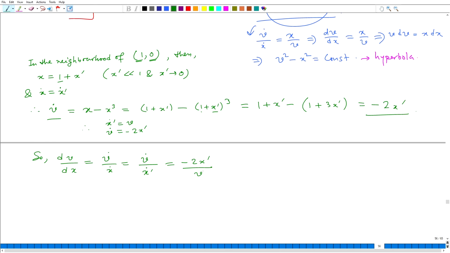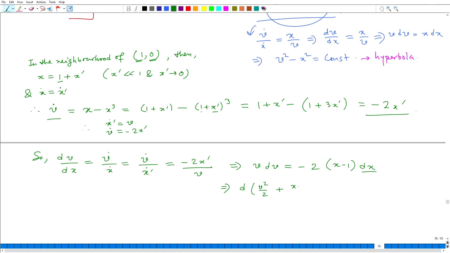Okay. If I do this, then I can also say that v dv will be equal to minus 2 x prime dx, and what is x prime? X prime is nothing but x minus 1. So, I can finally write d of v square by 2 plus, now x minus 1 times dx. So, dx is also equal to d of x minus 1.